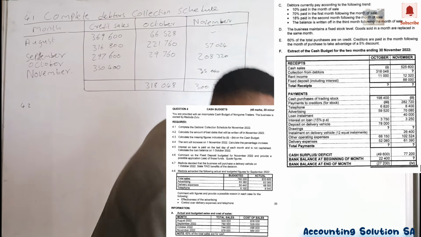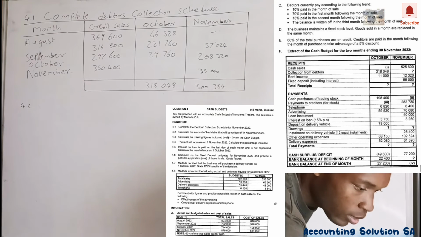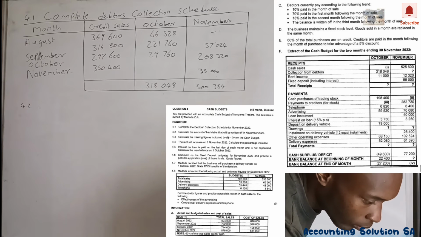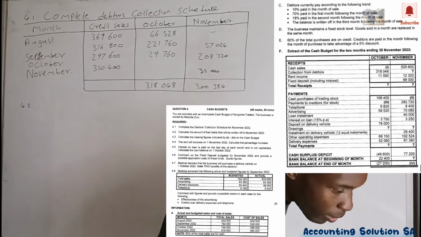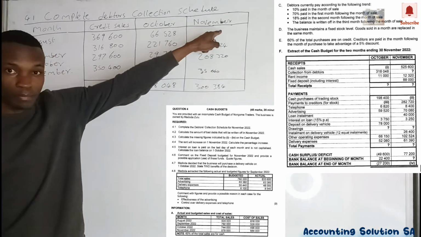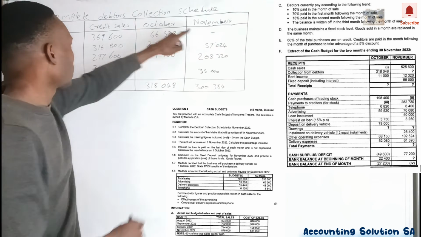Let's proceed to 4.2. They say calculate the amount of bad debt that will be written off. Remember, we pointed to November and said it's going to be bad debt, which means it's simple.